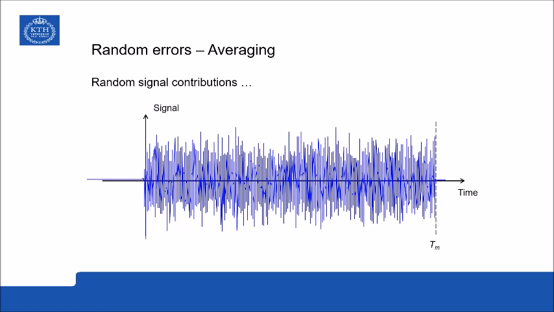Well, let's first consider that we have a signal, and we measure this signal for a certain time. Random signal contributions now means that we have some kind of occasional occurrence contributing to the signal. It might be, for instance, at this point here, we might have a closing door that adds to the response in an unwanted way at this time instance.